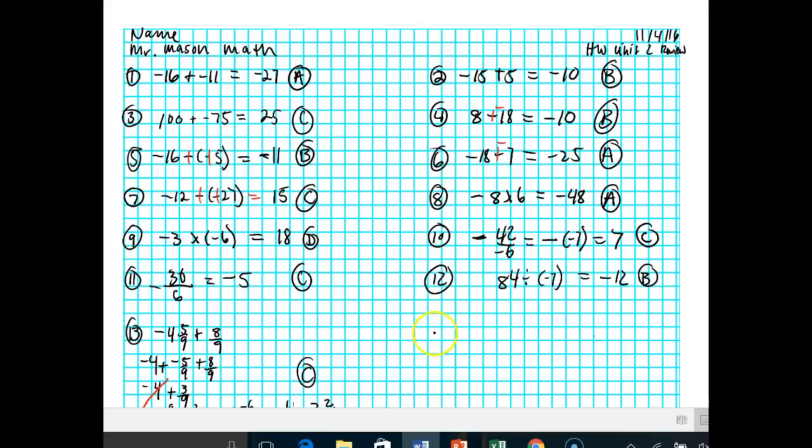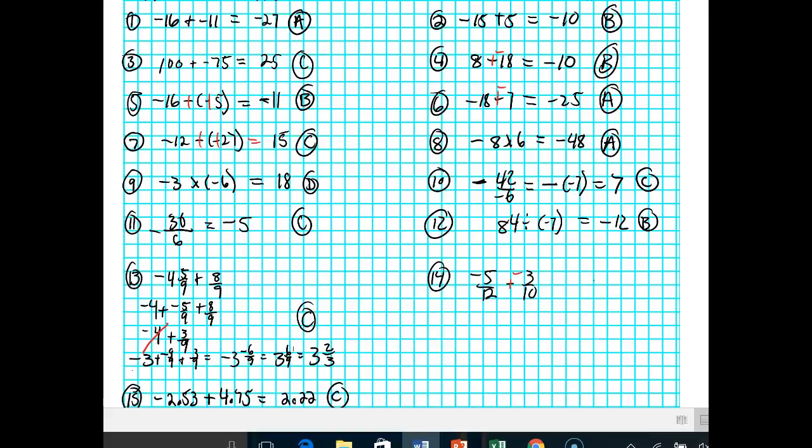And 14, you've got negative 5 over 12 minus 3/10. So we have different denominators, so we need to find common denominators. So plus a negative first, and then say, okay, 12 and 10, what do they have in common? And 120 is the thing that comes to mind, or actually 60.